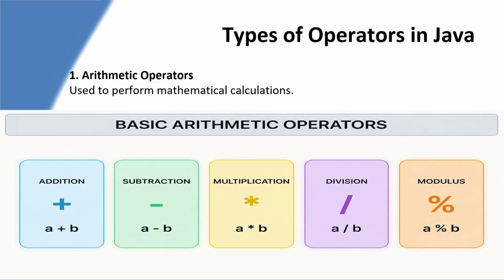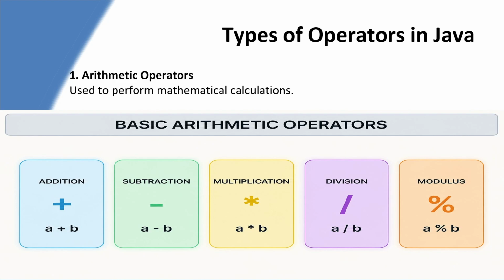So, types of operators in Java. We have different types of operators. Among those operators, the first one is arithmetic operators. Java provides several types of operators.